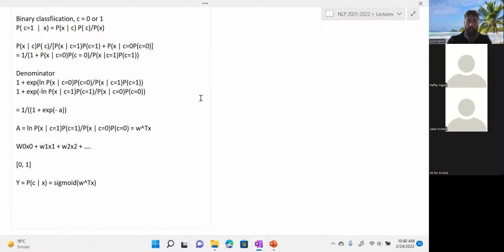Now the second question is, how do you ensure that y, the estimated value, also lies between 0 and 1? Remember, it's a probability. And c has just two possible values, 0 and 1, right?